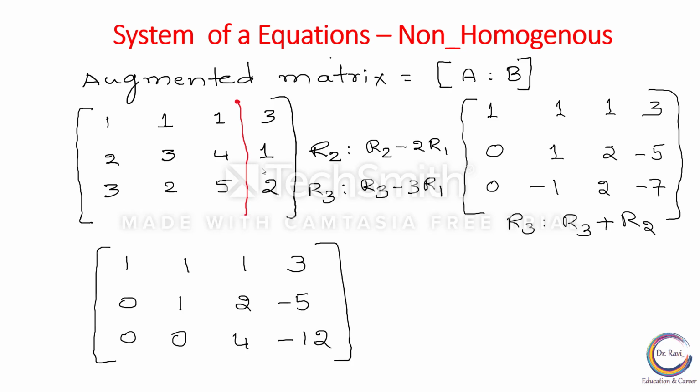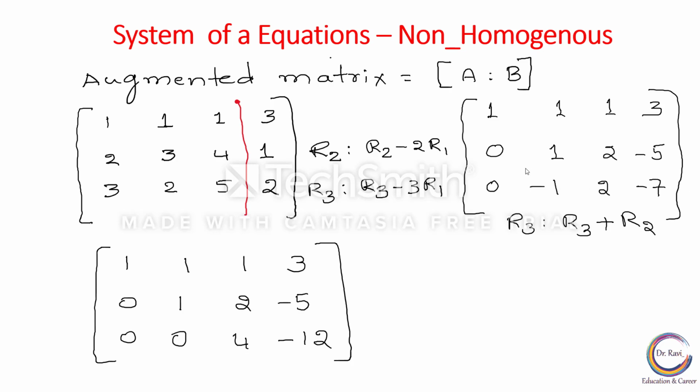The operations we use here are R2 is R2 minus 2R1 and R3 is R3 minus 3R1. When we perform these operations, the first row remains the same and the second row is changed to 0, 1, 2, minus 5, and the third row to 0, minus 1, 2, minus 7.